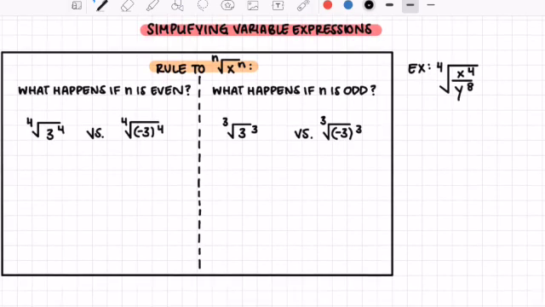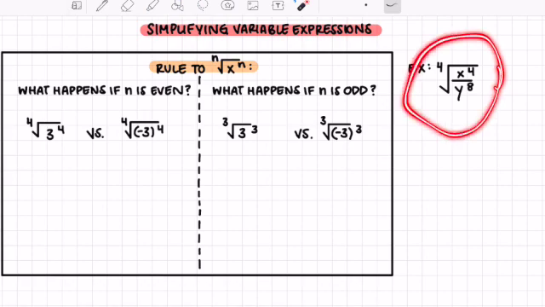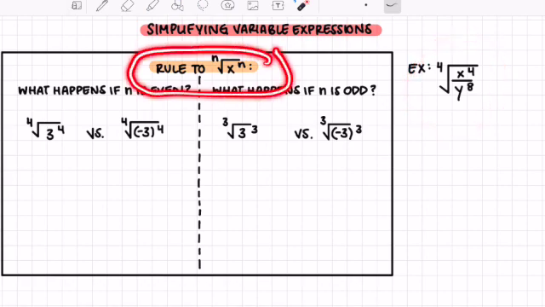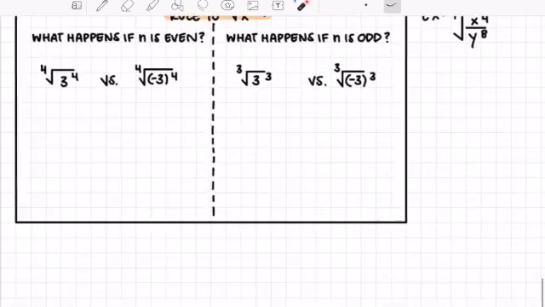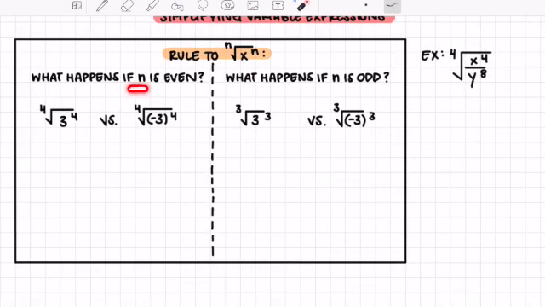So, simplifying variable expressions. Before we even get into the question, here's a rule that we're going to be looking at. If we have the same index as the exponent inside of our radical sign, we want to identify what happens when our n is even first.